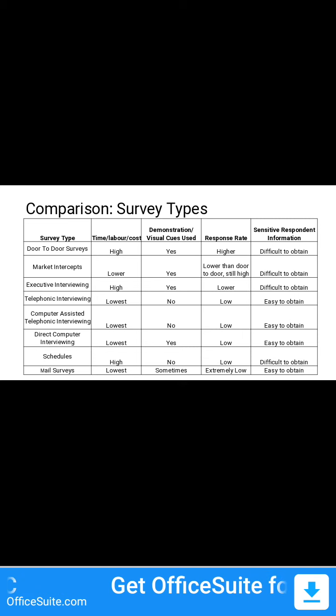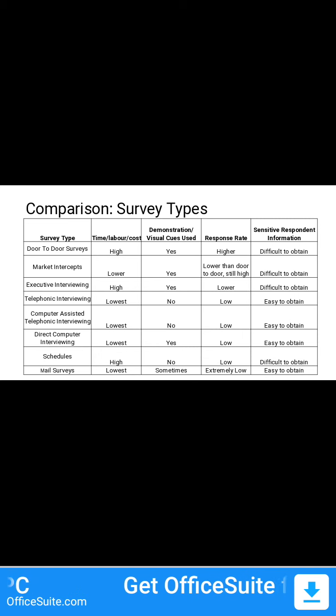Now response rate. See, response rates are generally higher when you have a face to face interaction with somebody, because once you are meeting somebody face to face, that person will feel more obligated to respond to your request. But if you are calling up somebody on telephone, or sending across a mail, the respondent may not feel obligated to answer your questionnaire, and he may not respond.